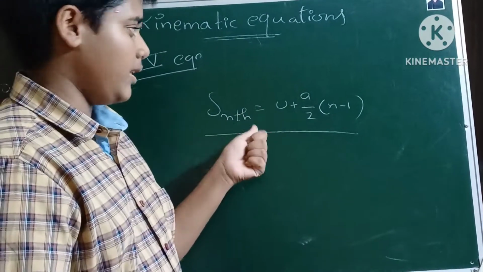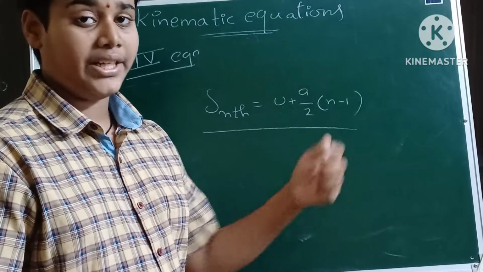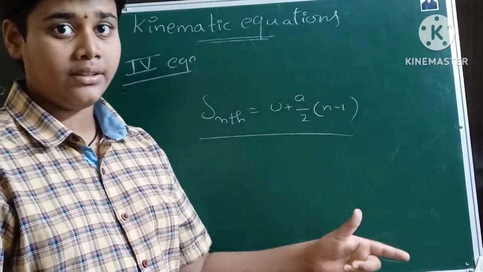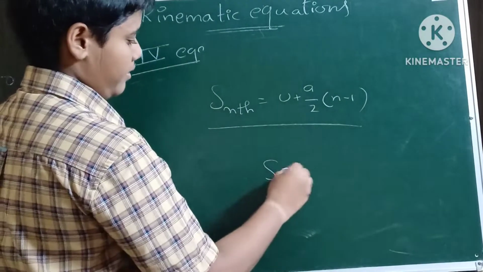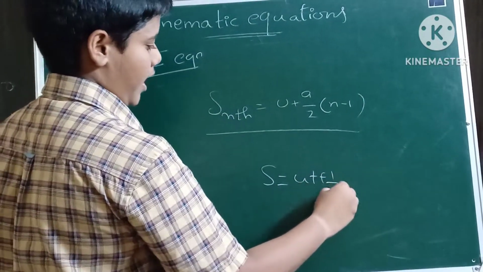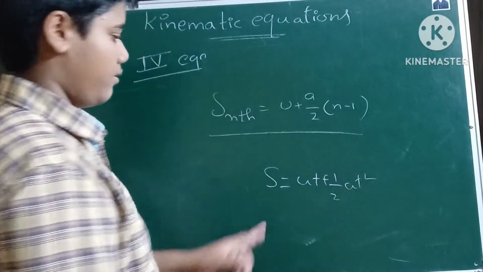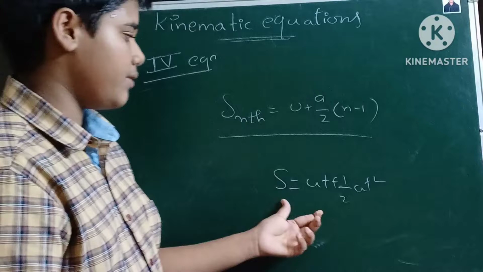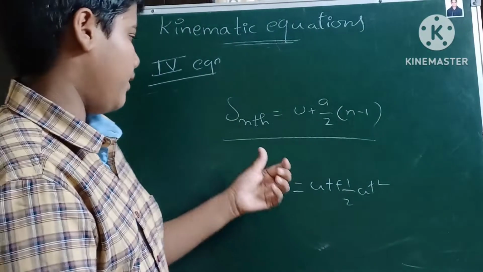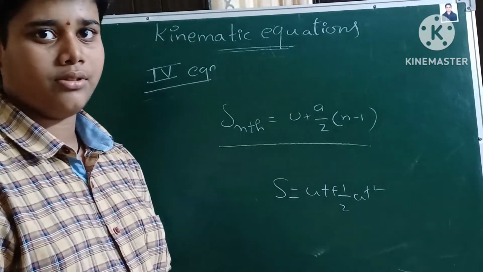It is used to calculate the distance in the particular nth second. For the distance in general we normally use ut plus half at square, and this one is for the nth second.